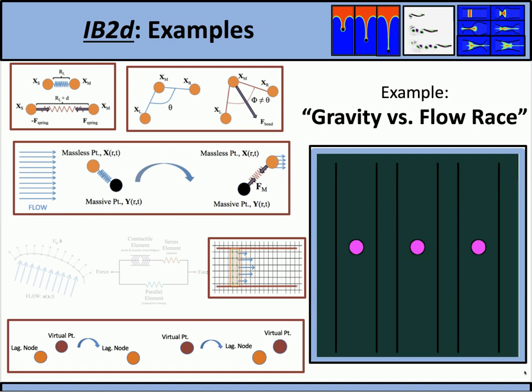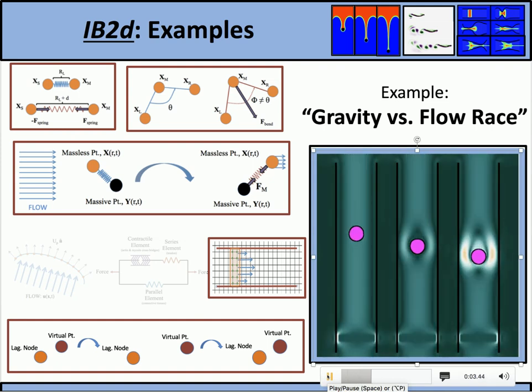So this example uses target points to hold the channel walls fixed. It uses massive points to give the masses to each ball, and it uses both springs and beams to maintain that ball's curvature. Also, we use that artificial forcing to induce a velocity profile that's equal in each channel going upwards. Let's see what happens.